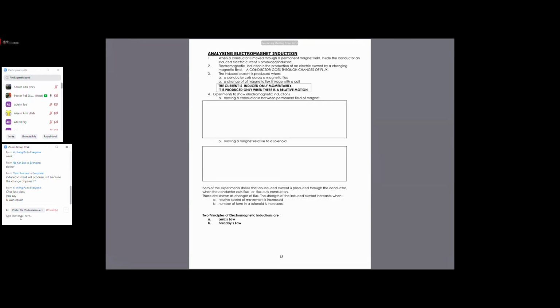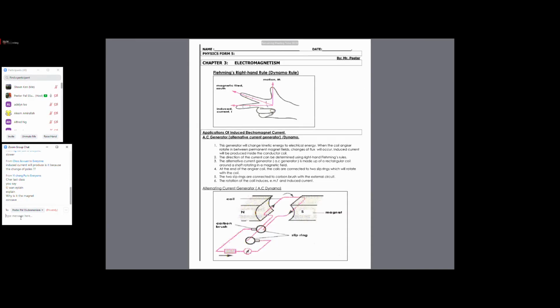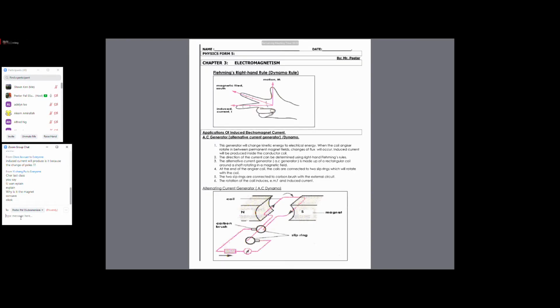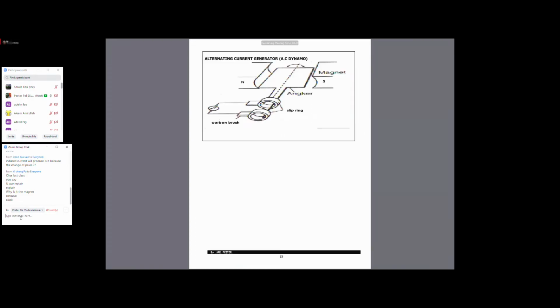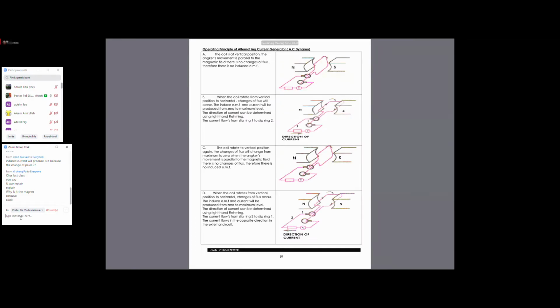Last class, you see. Why last class? Explain what, you think? Explain what, I think. Oh, concave. Okay. Very slow, lah.